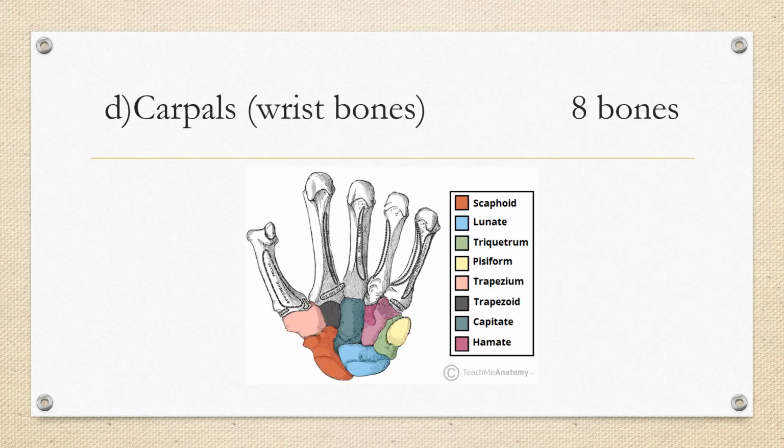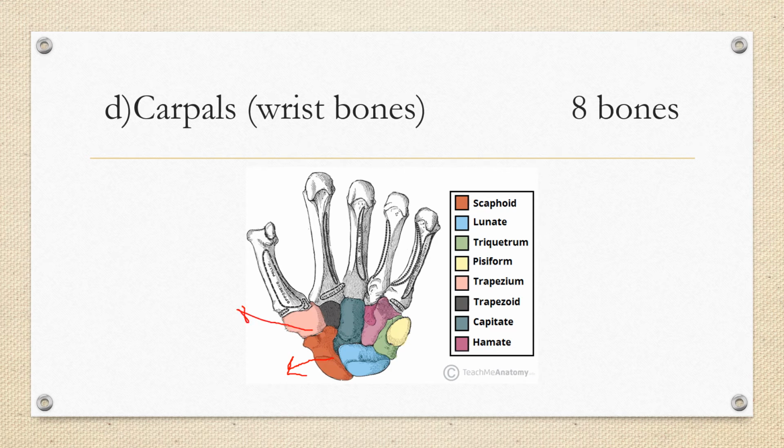Now we are moving toward the bones that constitute your wrist. The bones of the wrist are called carpals. These carpal bones are a total of 8 bones and are present in 2 rows. The first is the proximal row and the second is the distal row.